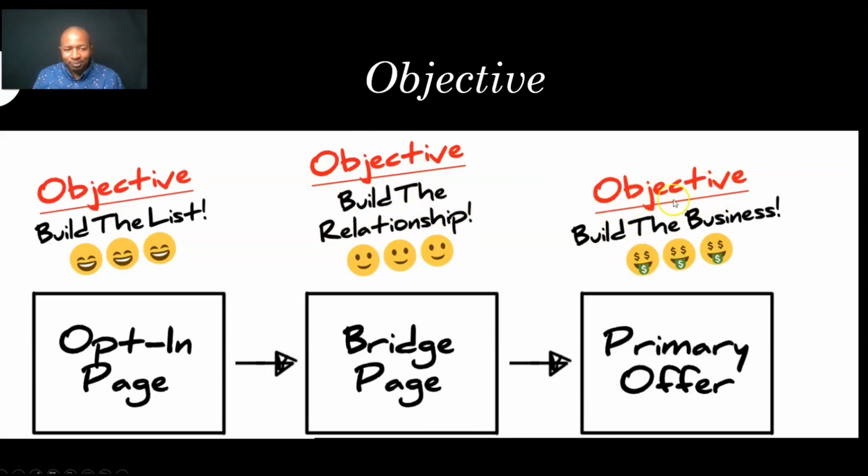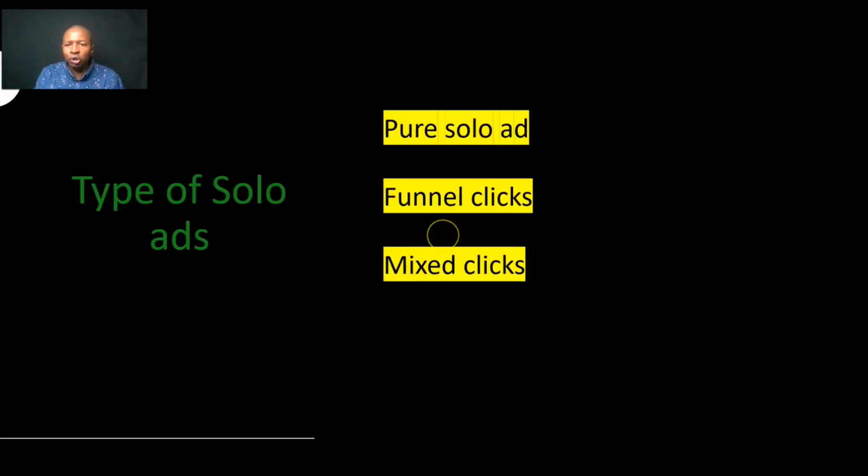The money will come later, by building the relationship. That's why it's very important to add a bridge page between the opt-in page and your primary offer. We'll see the bridge page later, so let's quickly continue.